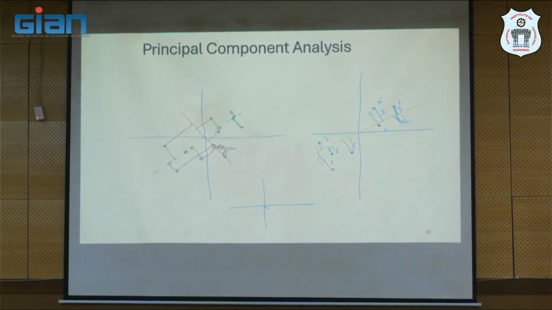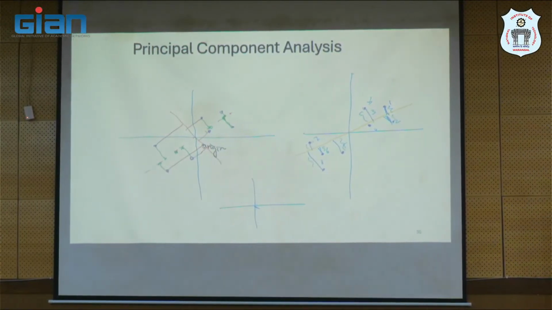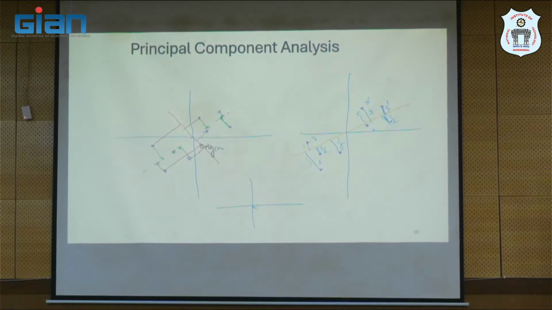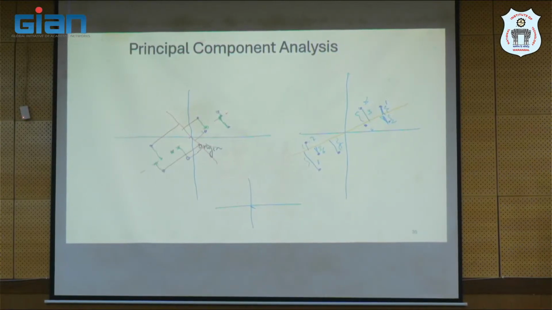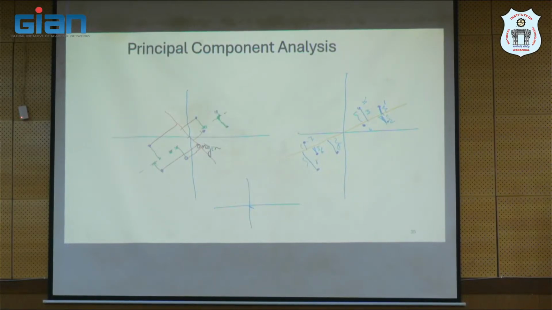So pictorially speaking, it is the best fit for the given data set. It can be anywhere, but the one that gives a minimum error would be considered as the principal component. So we consider the first principal component error, and then again the second principal component error should be minimum.